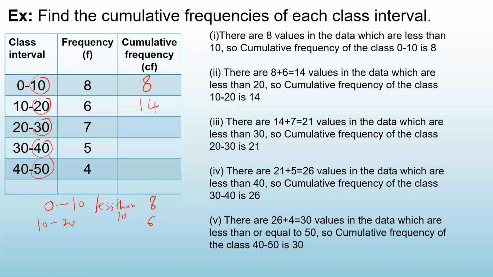I have to see how many values in my data are less than 30, upper class, upper boundary 30. तो लेस देन 30 कितना है? जो लेस देन 10 है वो भी लेस देन 30 है, जो लेस देन 20 है वो भी लेस देन 30 है. तो 8 + 6 + 7 यानी 14 + 7 that is 21. तो मेथड वही है जो हमने डिस्क्रीट में किया था. पहले वाले के लिए सेम रहेगा 8, नेक्स्ट वाले के लिए 8 + 6 that is 14, then 14 + 7 that is 21, then 21 + 5 that is 26, and finally 26 + 4 that is 30.